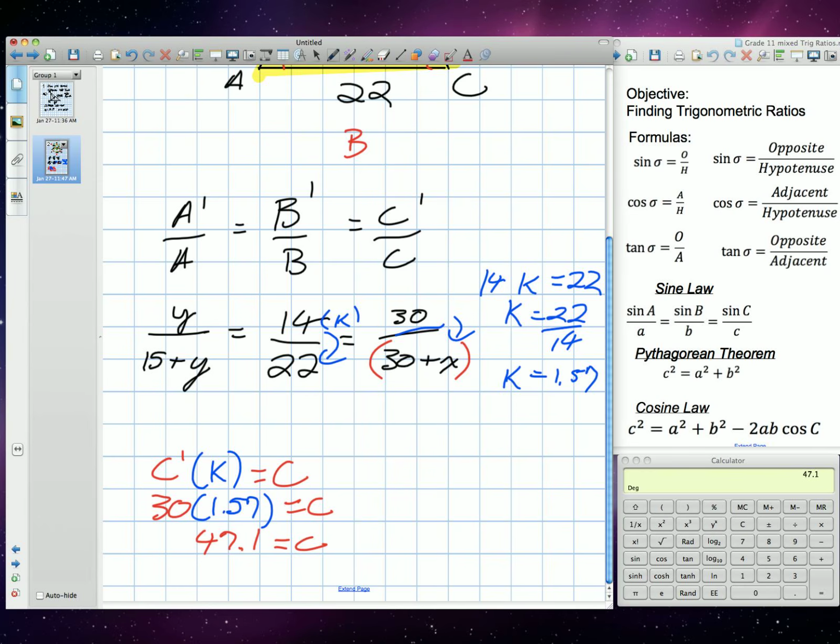But in terms of this, we're actually trying to solve for our x and our y. So 47.1 is equal to 30 plus x. 47.1 minus 30 is equal to x. X is equal to 17.1. That's our x variable.